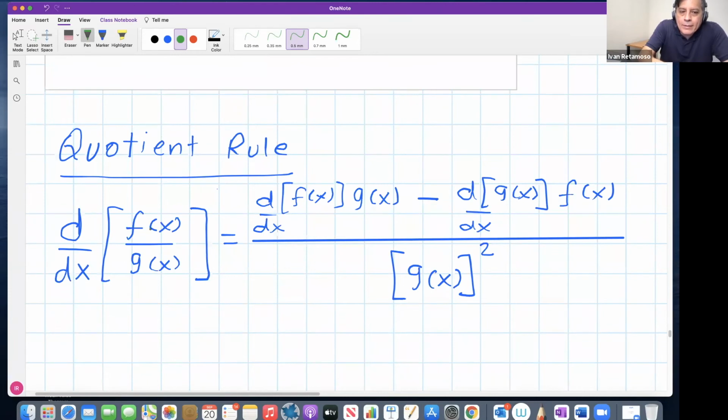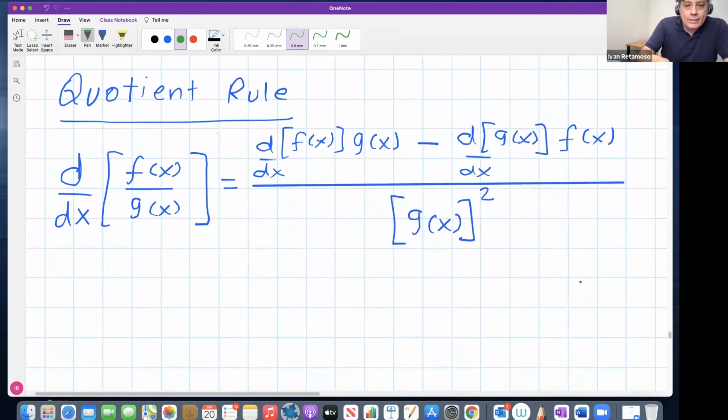The derivative of f of x over g of x is equal to the derivative of the numerator first times the denominator, minus the derivative of the denominator times the numerator as it is, no derivative. And all this divided by the square of the denominator, g of x squared, okay?